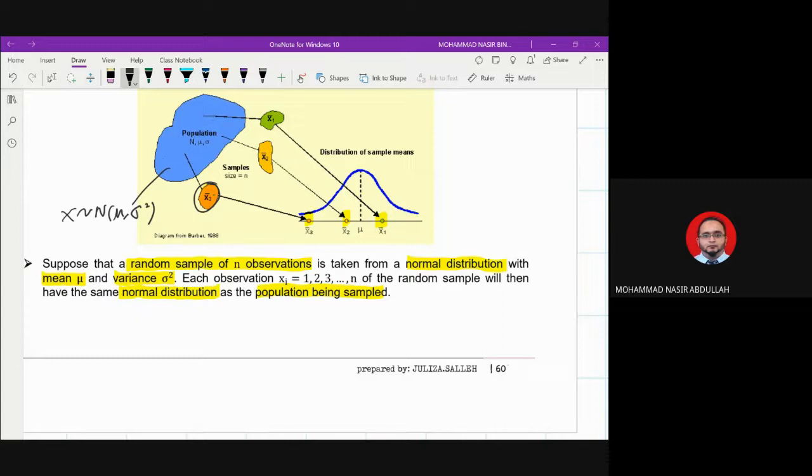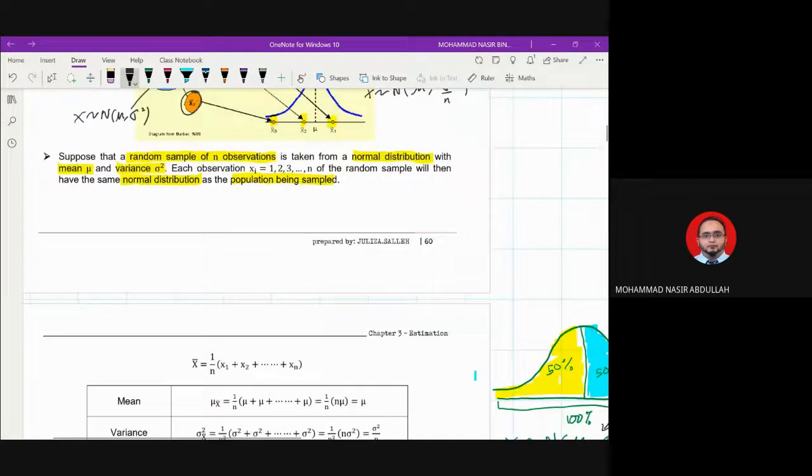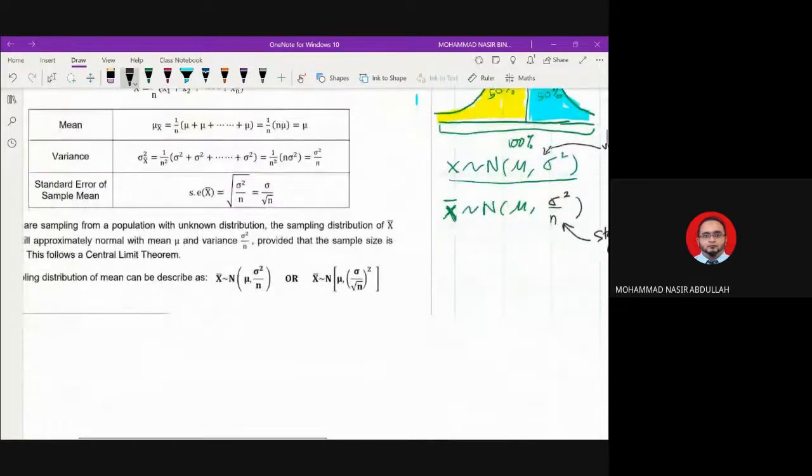But when we take several means, right, from the same population, it will have X bar, the mean for each sample will have the same distribution, which is normal distribution, but the parameters involved are slightly different, which is mean and the standard error. Right. So this is the difference. Ini yang nak bagi tahu ni.